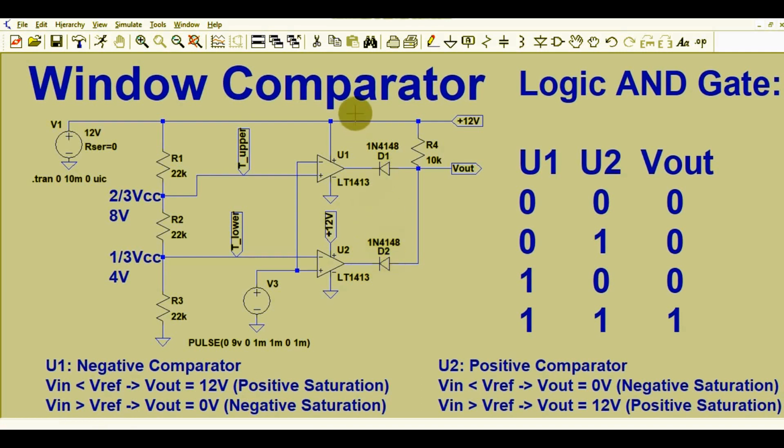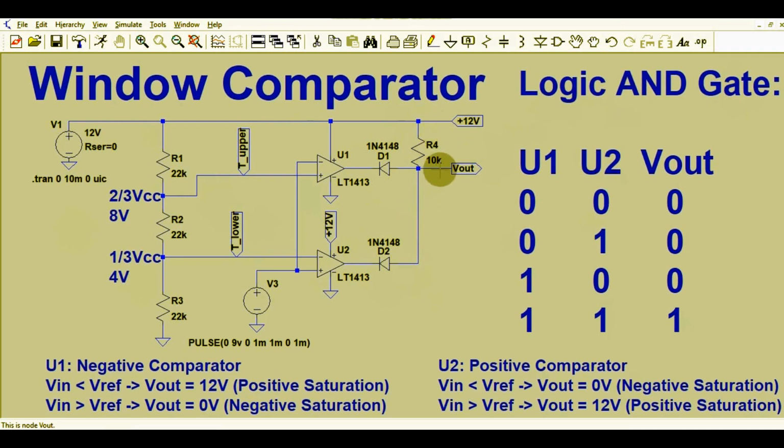So if you remove this section, from here to here, if you remove all this section, you will have only 12 volt, then this pull-up resistor 10k, then diode D1 and diode D2, and maybe you have some signal here at U1 and U2. So this is nothing but the logic AND gate, right? Diode D1 and D2 forms logic AND gate along with this resistor R4.